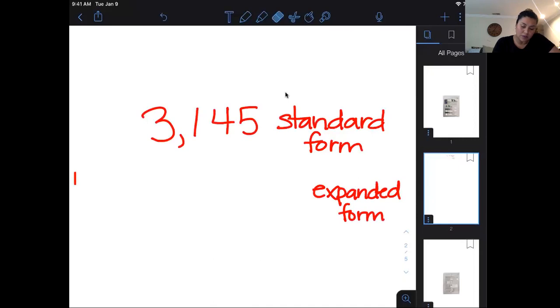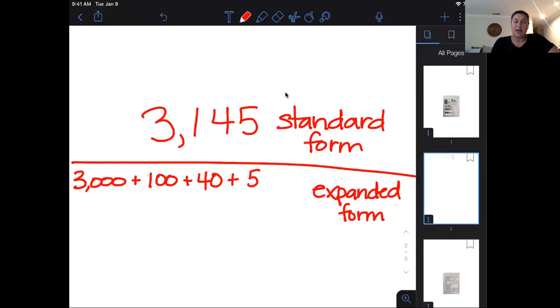So we would write 3,000 plus 100 plus what's in the tens room? A 4, so that's 40, plus how many ones? There's only 5 ones.